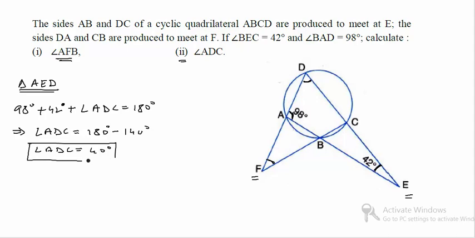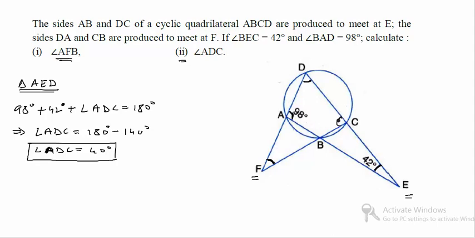This completes our second part. Now try to find angle AFB. To do that, let us first look at the quadrilateral ABCD. Now this quadrilateral ABCD is cyclic, which means that the sum of the opposite angles of this particular quadrilateral should be 180 degrees, right?